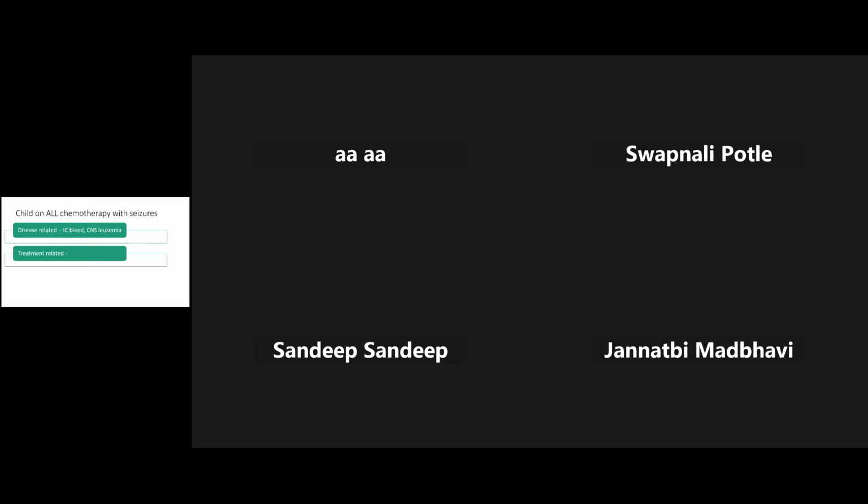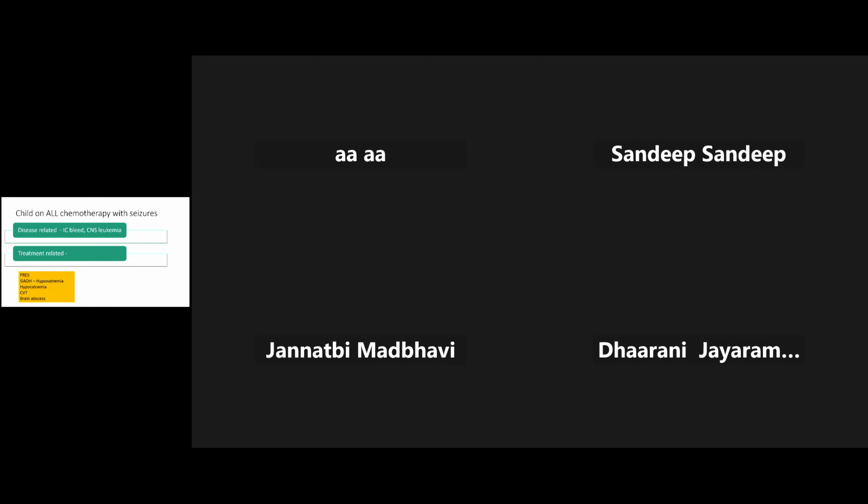Just a few words. We have a child, a case of ALL on chemotherapy, presenting with seizures. It could be disease related, like CNS disease or IC bleed, or treatment related, like PRES due to steroid use, SIADH due to hyponatremia or hypocalcemia, central venous thrombosis due to L-asparaginase use, or infection-related brain abscess.